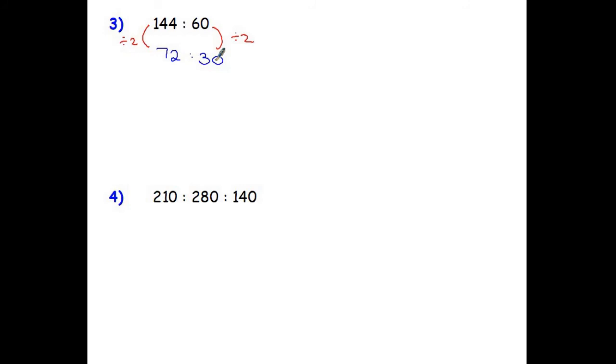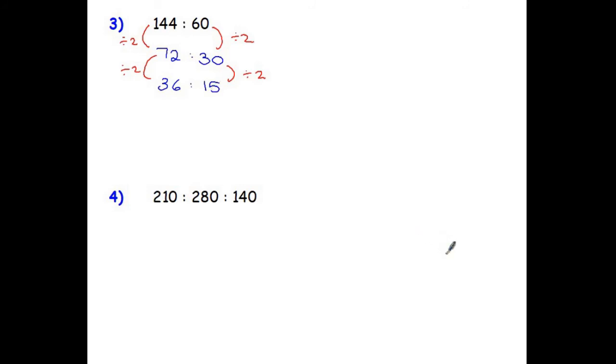Again, it's not so obvious, so that's even and that's even. So we could divide them both by 2 again. And 72 divided by 2 is 36. 30 divided by 2 is 15.